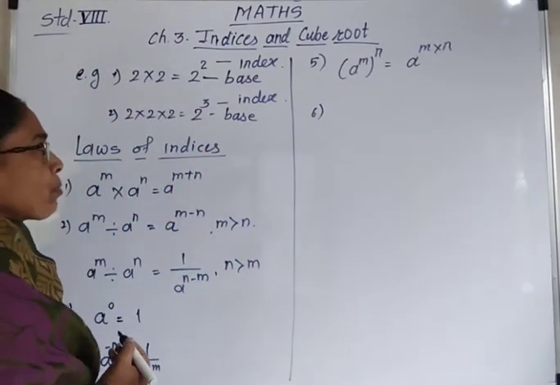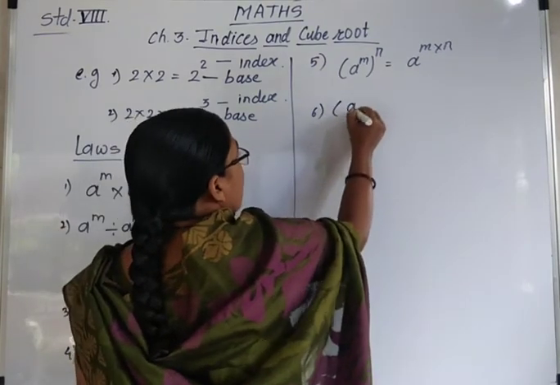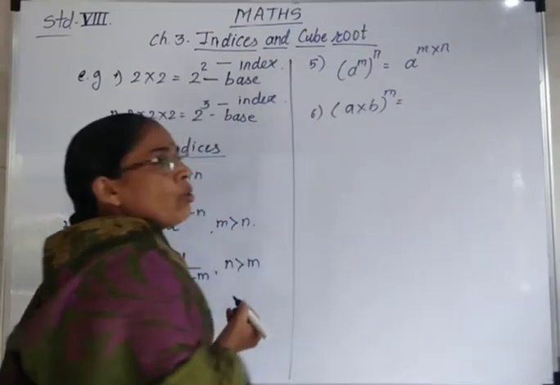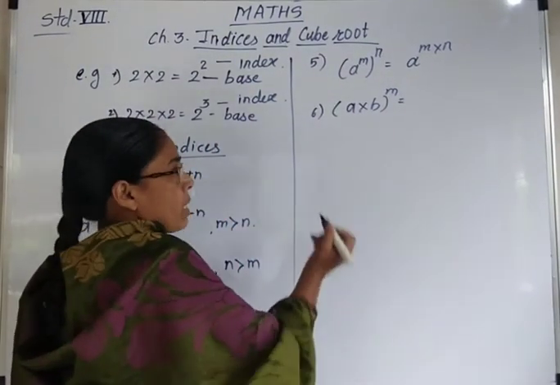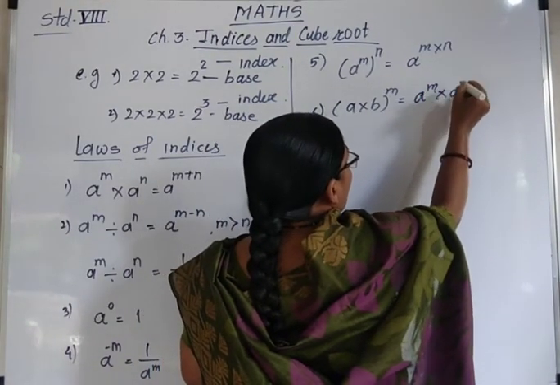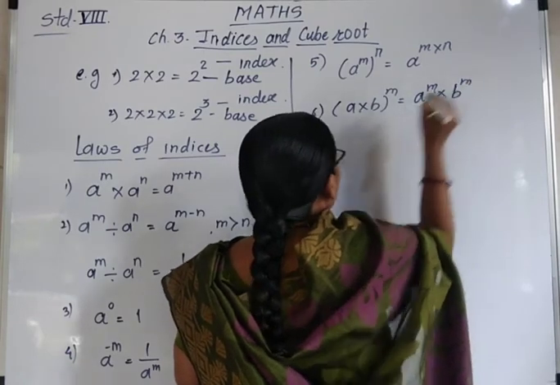Now when the base is different, and there is the index of two different index form numbers, then we can write a raised to m into b raised to m.